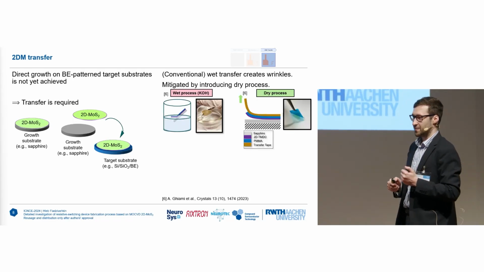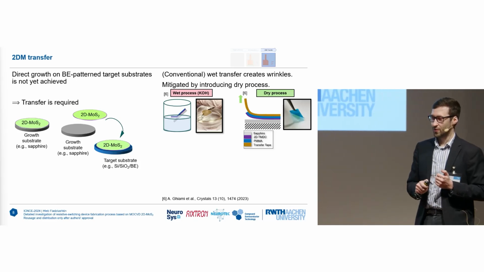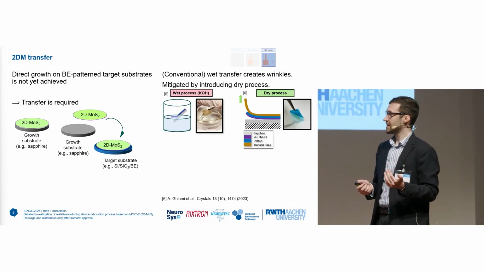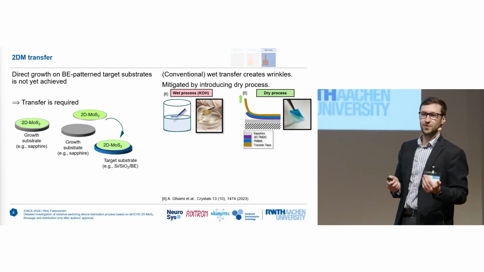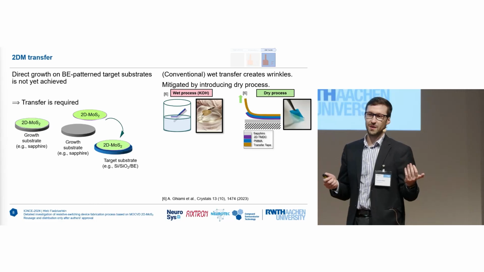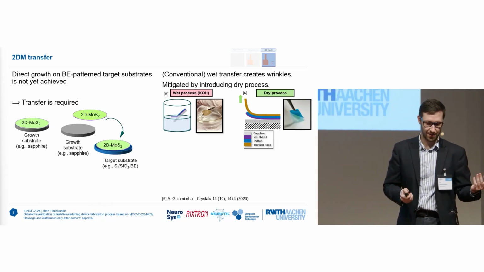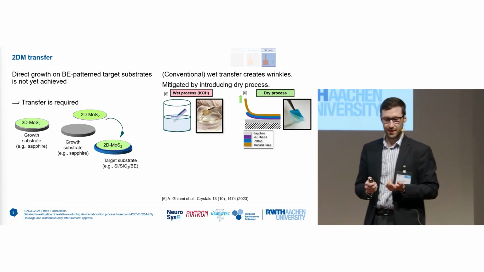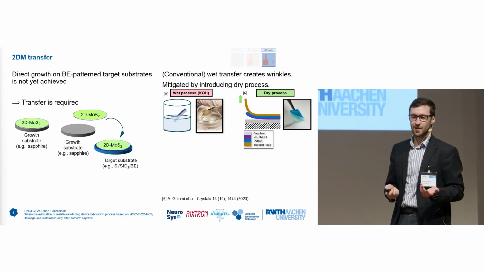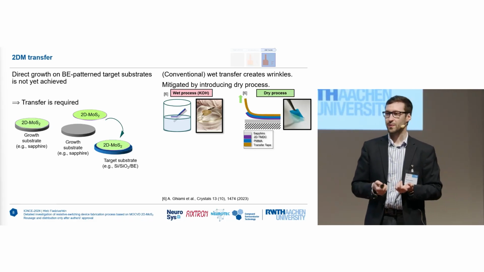And as many other groups that work on two-dimensional materials, we initially started by using wet processes, where you basically have to dip your growth substrates into some alkali solutions, and as a result, the films are exposed to really aggressive chemical solutions and a fair amount of mechanical stress.